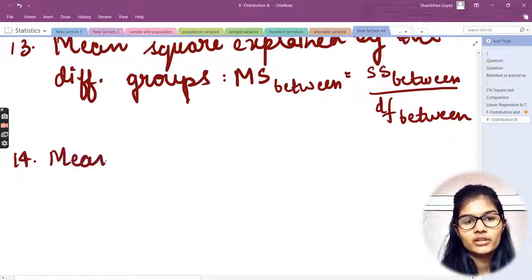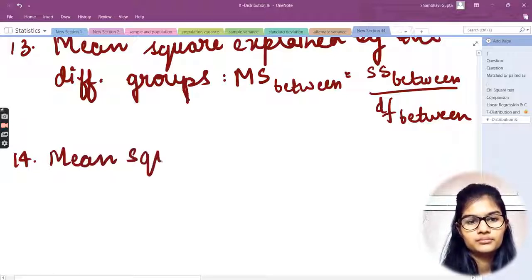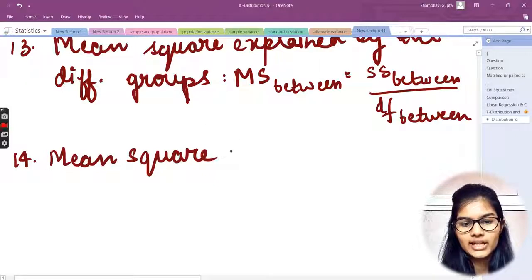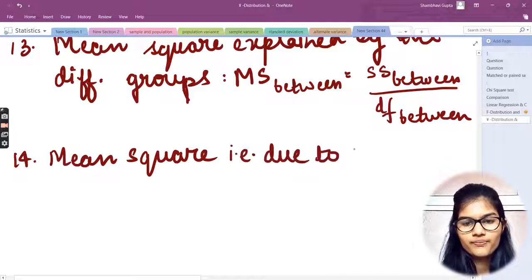So 14 we are having mean square, which again is the variance estimate. Mean square is basically due to chance.